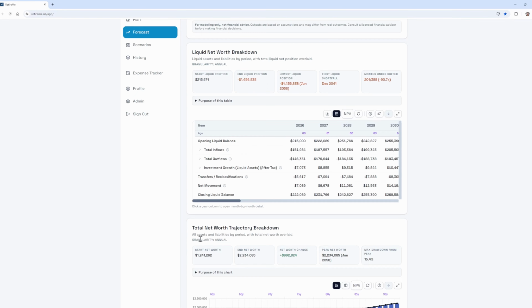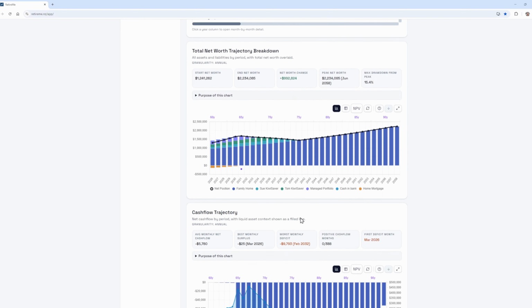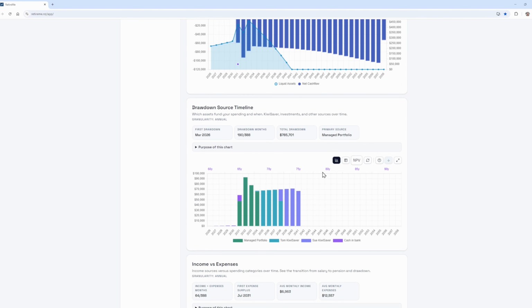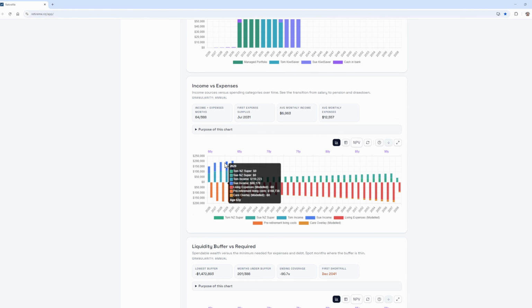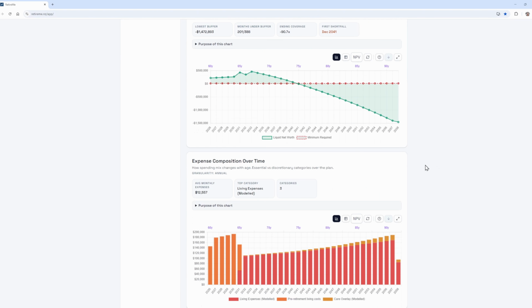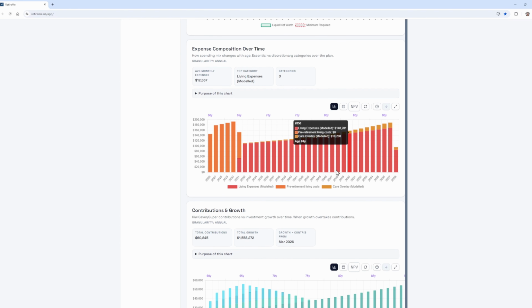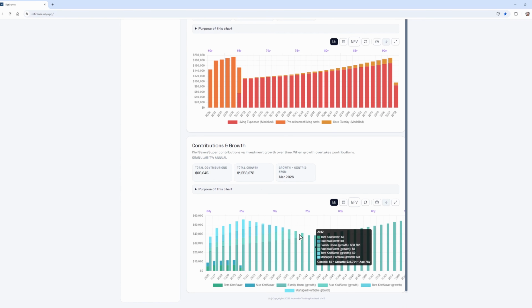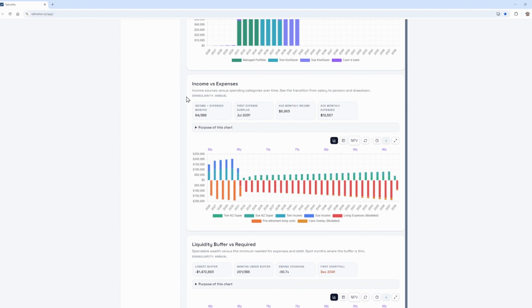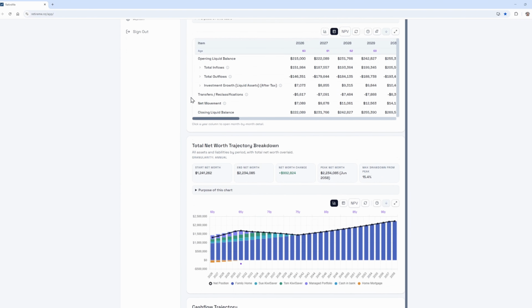There's another one for your overall net worth, and another with your cash flow and your drawdown sources, your income versus expenses, your liquidity buffers, your expense compositions. There's a range of things to explore here, and you can look at all the numbers in great detail.